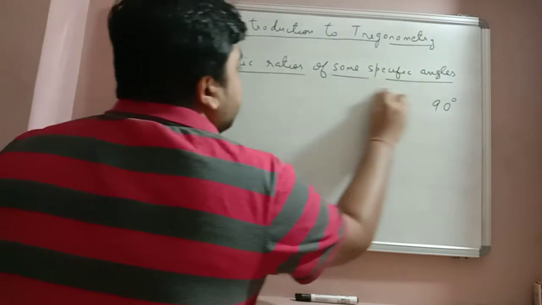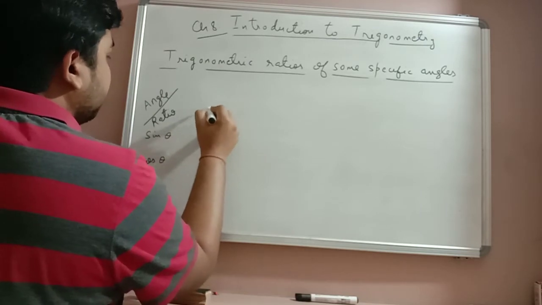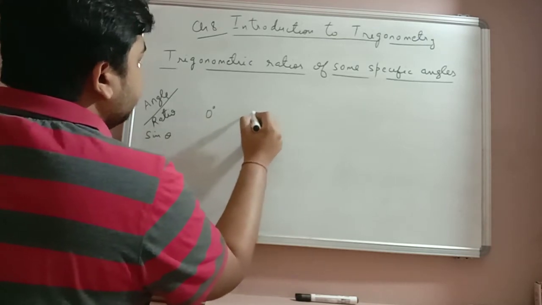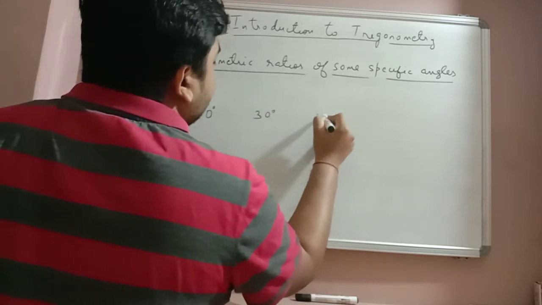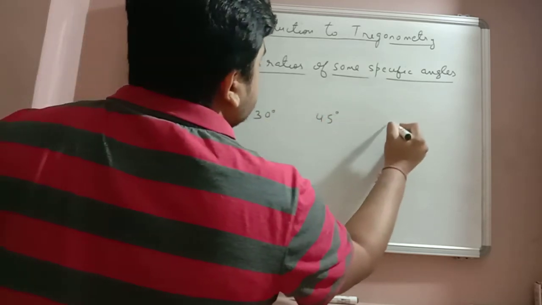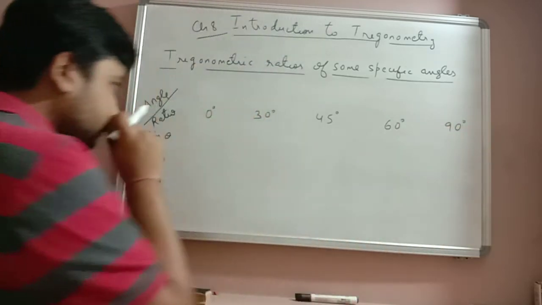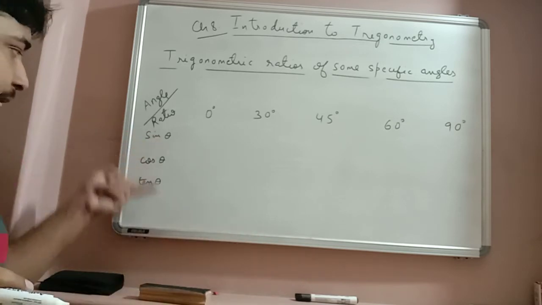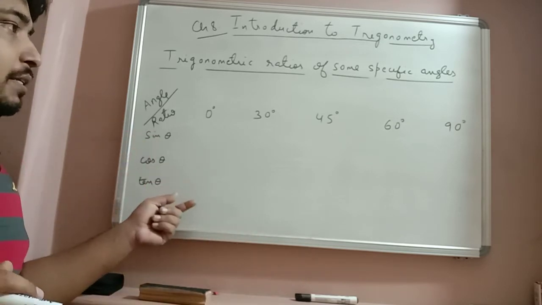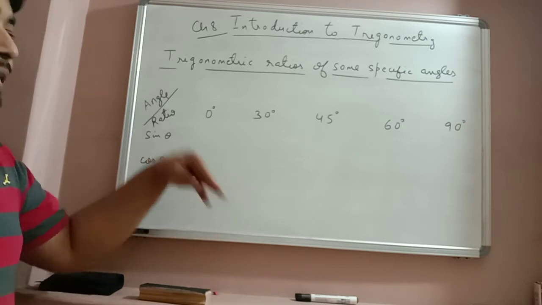Let me just write down this below, so I'll be needing space for some other thing. 0 degree, 30 degree, 45 degree, 60 degree and 90 degree. So since the space is less, I will write down the three ratios in one slide and the other three ratios in the next slide.